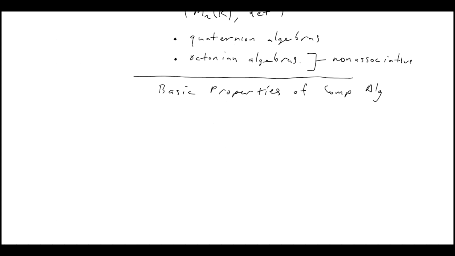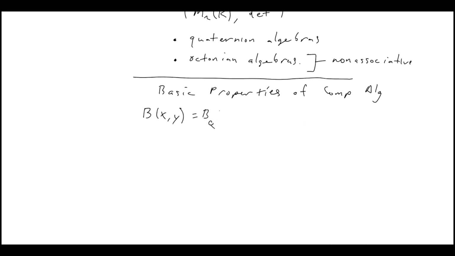So we have this quadratic form, and attached to the quadratic form, there is a bilinear form. Maybe sometimes I'll call this B sub Q. And by definition, this is just the quadratic form at x plus y minus the quadratic form at x minus the quadratic form at y.